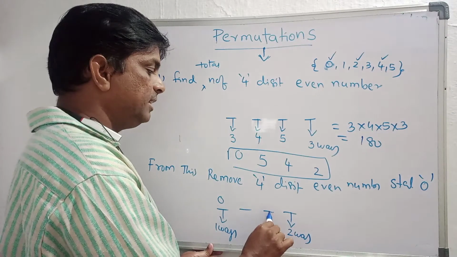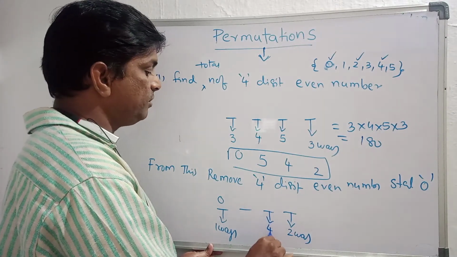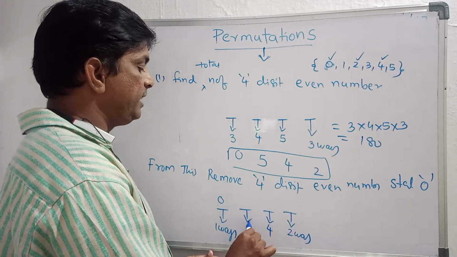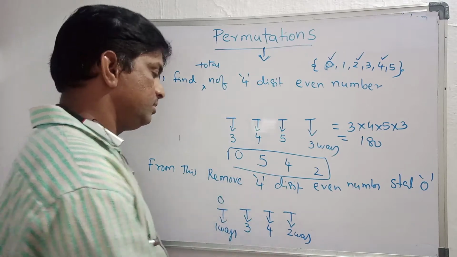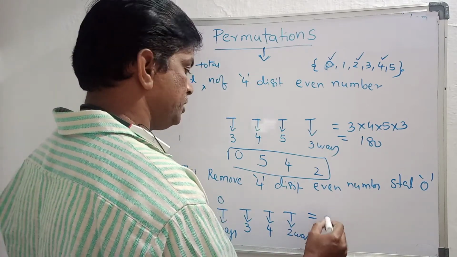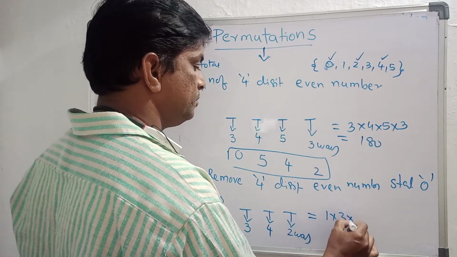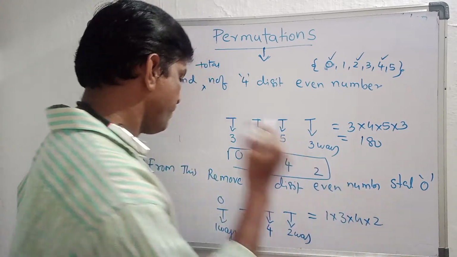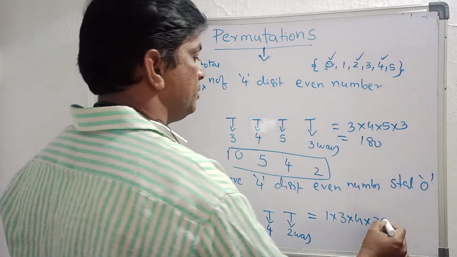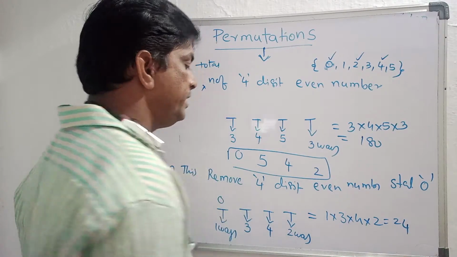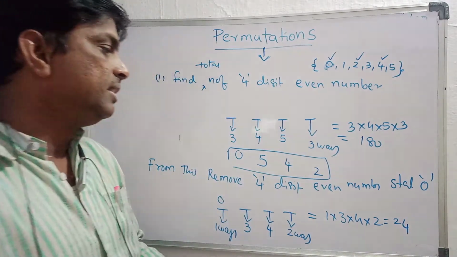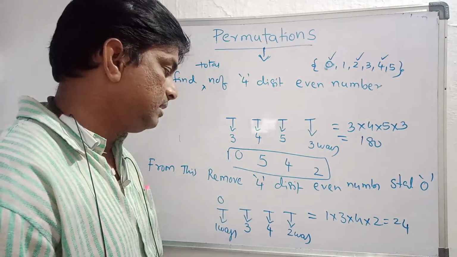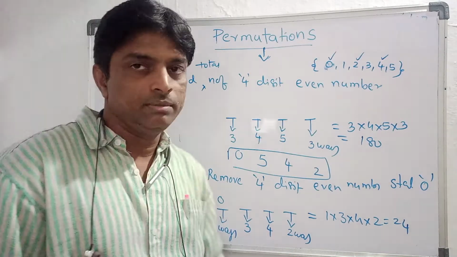Now still 4 are left. This I can fill with any one of the 4 numbers, and this I can fill with any one of the 3 numbers. So therefore, this is 1 into 3 into 4 into 2, that is nothing but 4 2s are 8, 8 3s are 24. Therefore, these are the 24 numbers which start with 0 and are 4-digit even numbers.